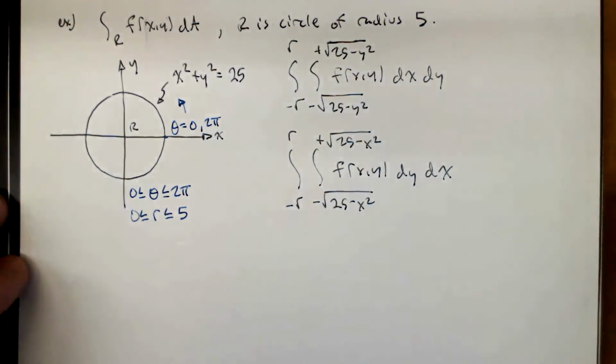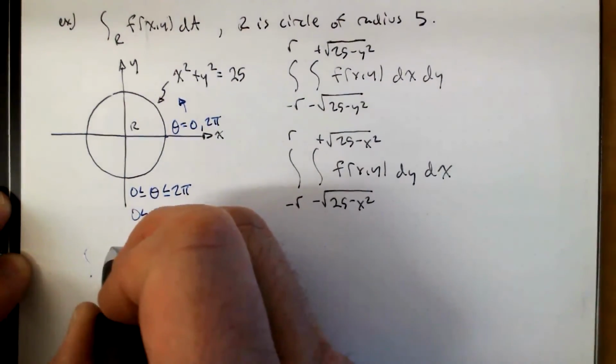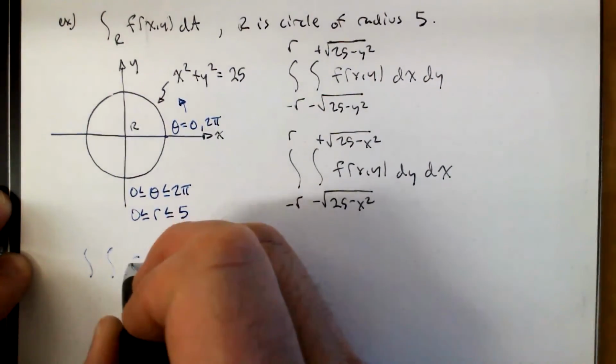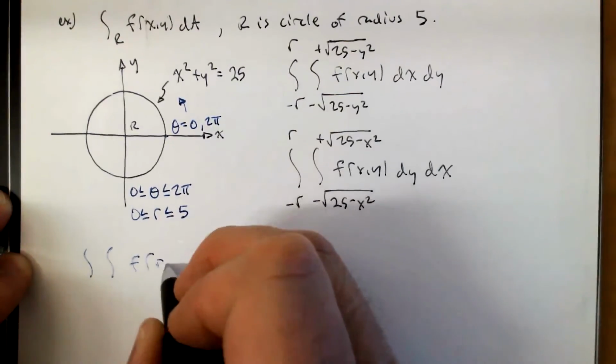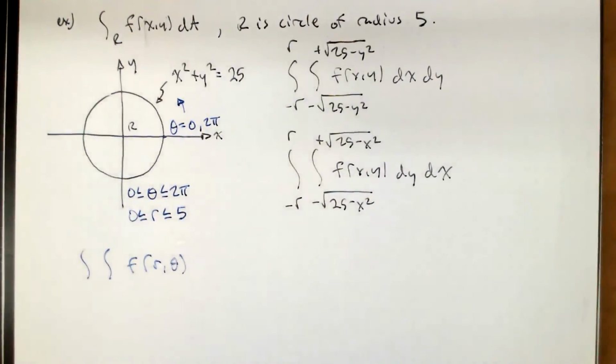So our double integral in polar coordinates, first of all, we'd have to convert our function to a function of r and theta. But for dA, I can't just write d theta dr because d theta is not a length, it's a change of angle.